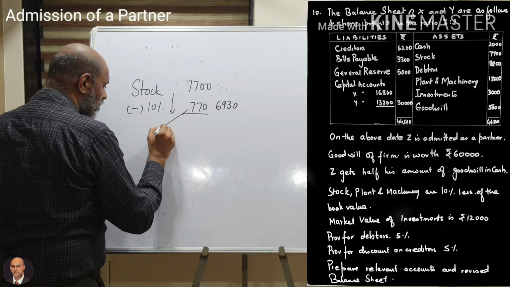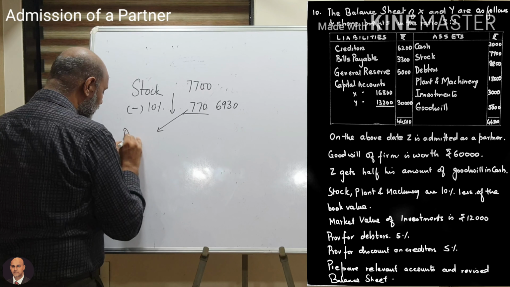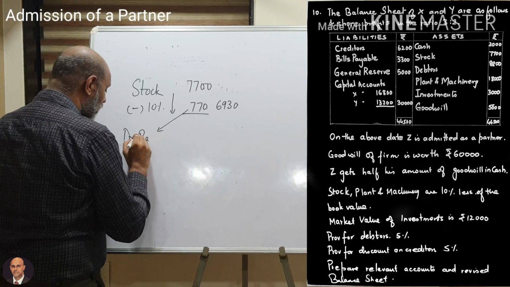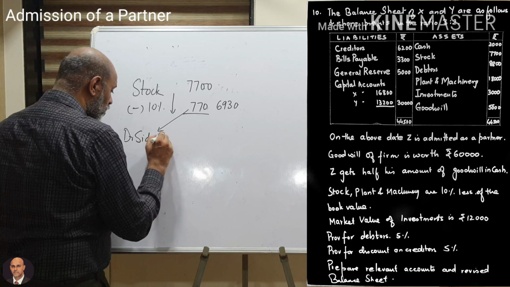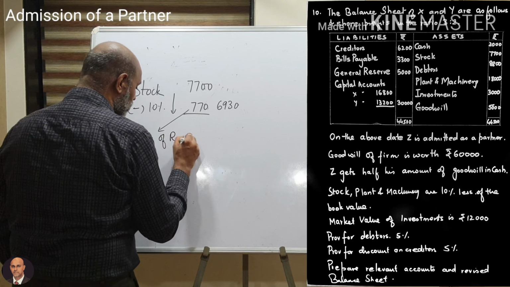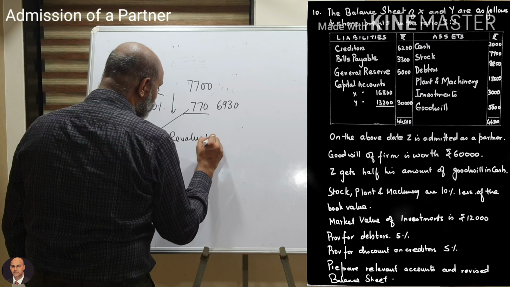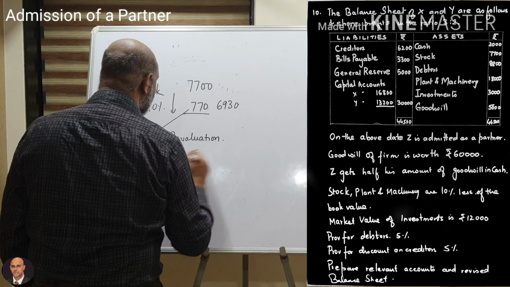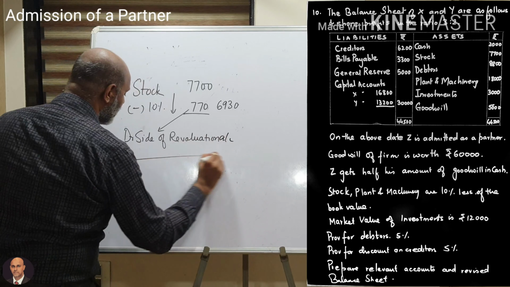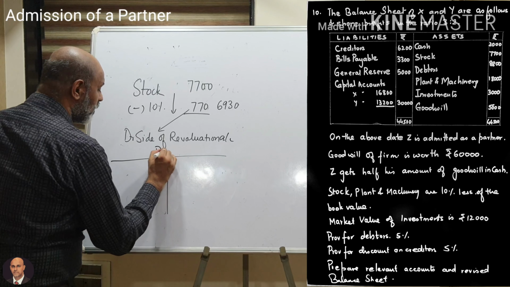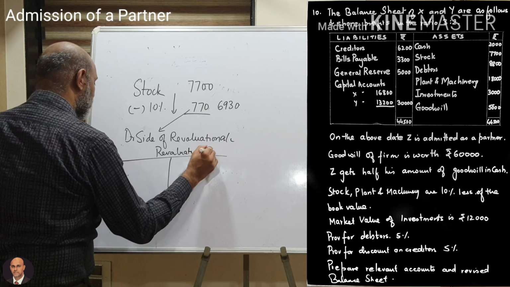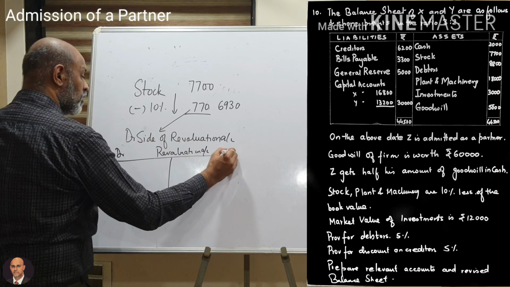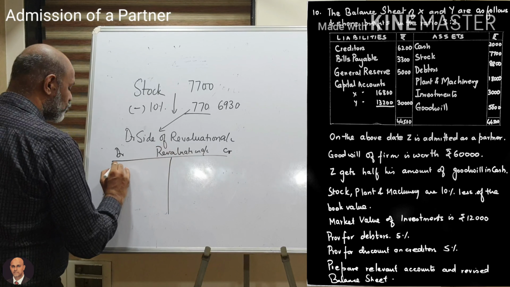So this figure will go to the debit side of revaluation account as to stock. So this is your revaluation account, so it will come on the debit side, as to stock.